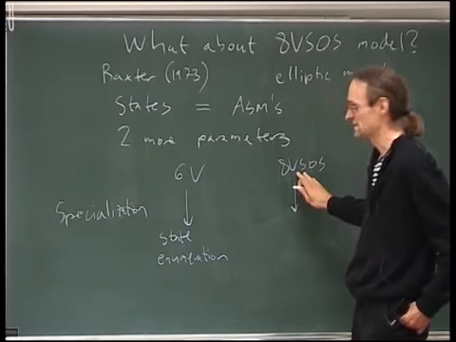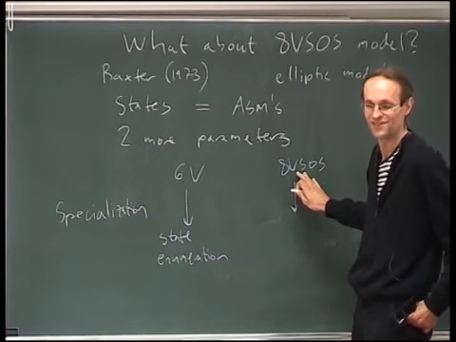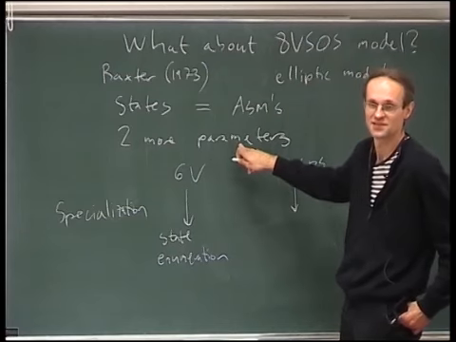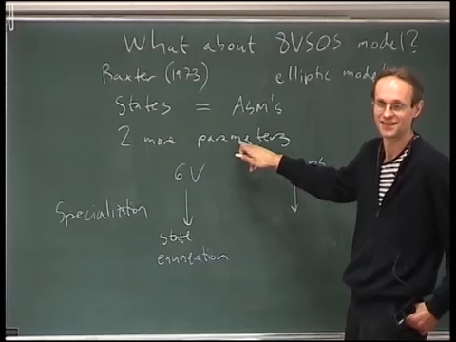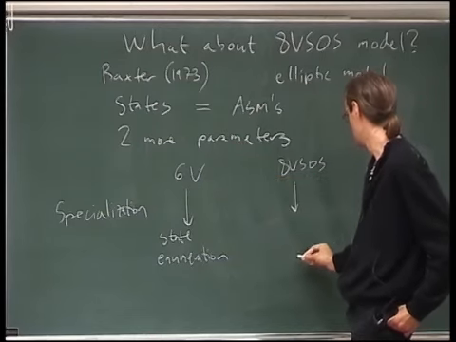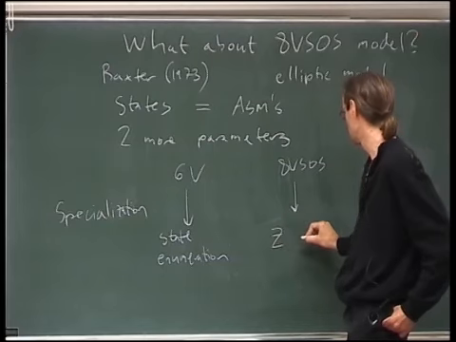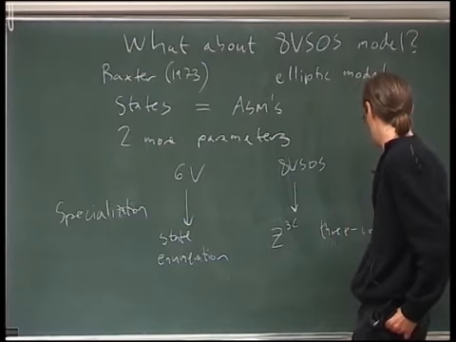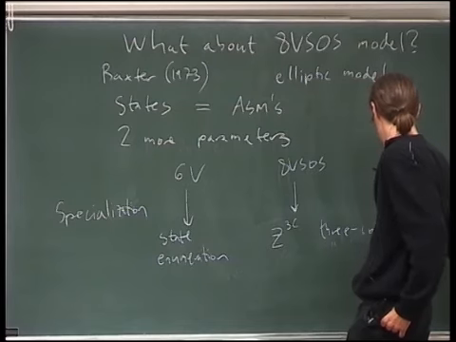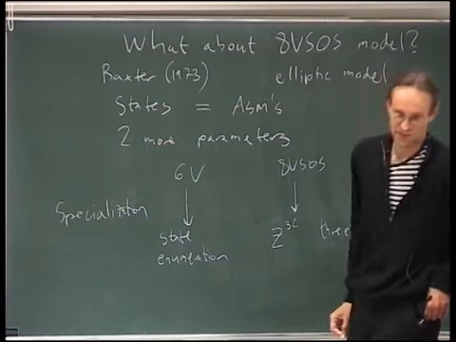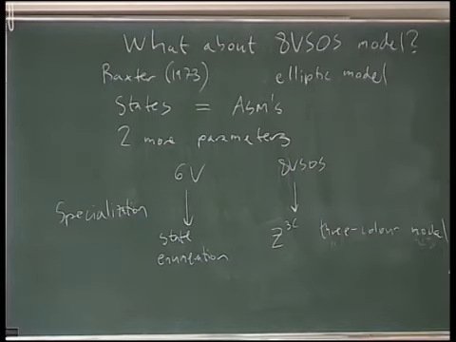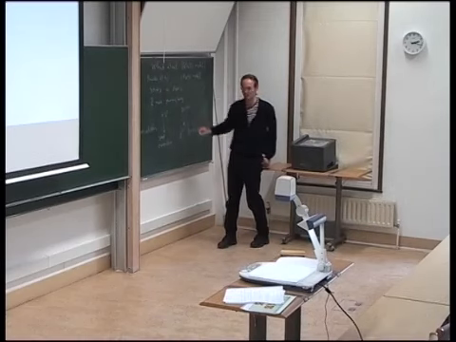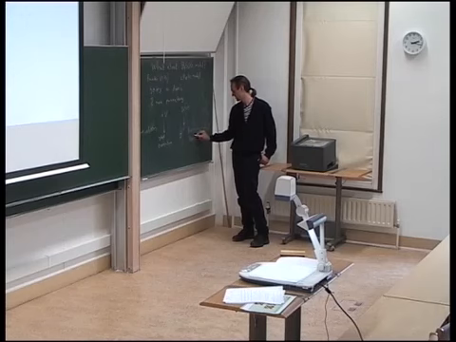If you do the same thing for the eight-vertex solid-on-solid model, you will get something depending on these two parameters. And it turns out that it's something that also appears in the physics literature. You get essentially the partition function of the three-color model, which was also, it seems, introduced first by Baxter in a slightly earlier paper.